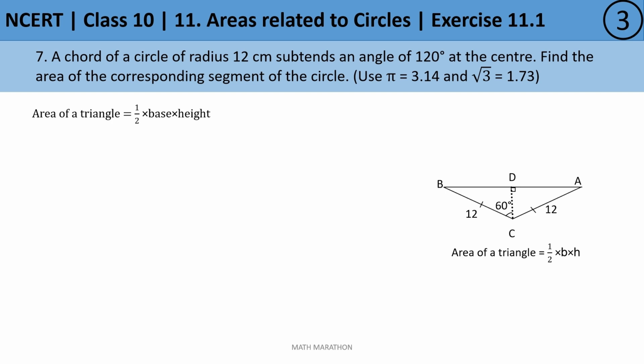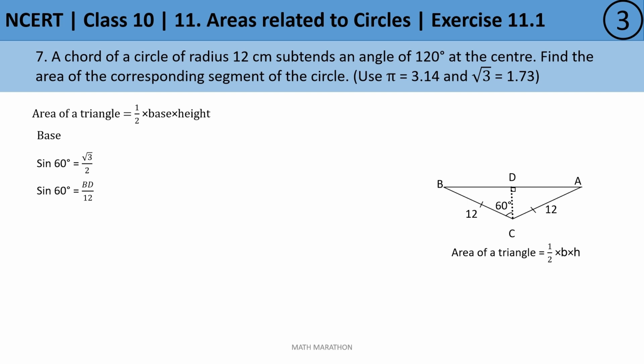Area of triangle is equal to half of base multiplied by height. We need to find base and height. First, let us find base. Sin 60 is equal to root 3 by 2. Sin 60 is equal to opposite side by hypotenuse.